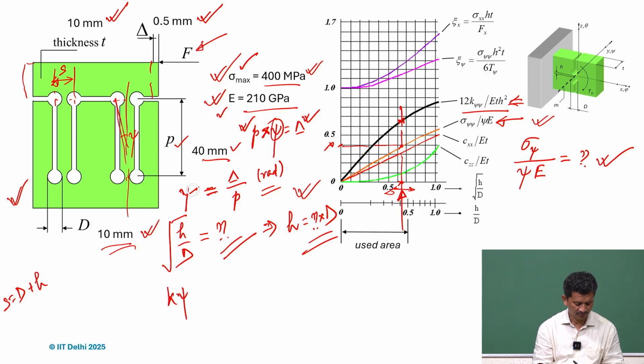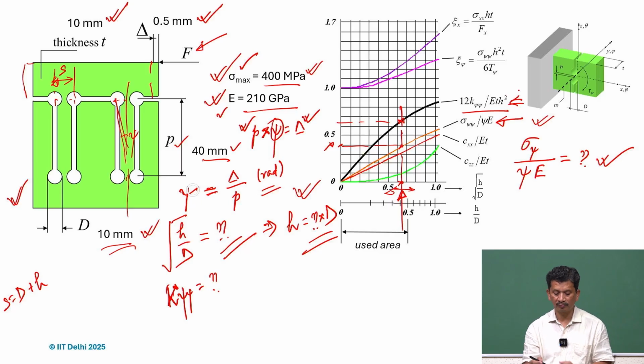We come here and we can calculate the rotational stiffness k psi, kappa or k, whatever you call it. Again, here all the parameters are known since h is already obtained, and this number is also known. So we can find k. Once k is known, that is the rotational stiffness of the hinge.